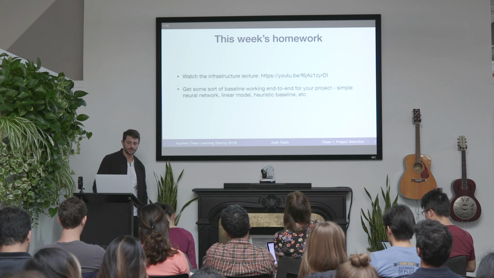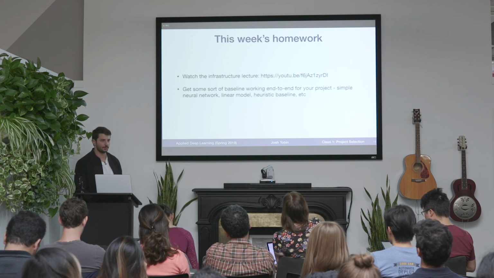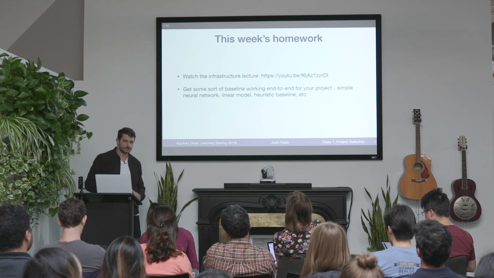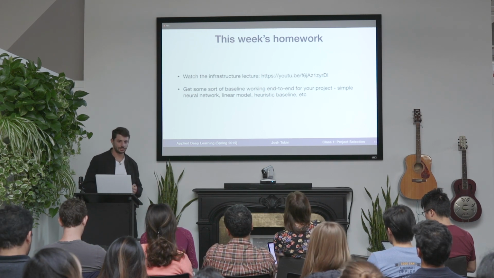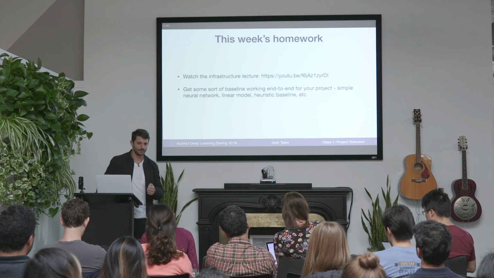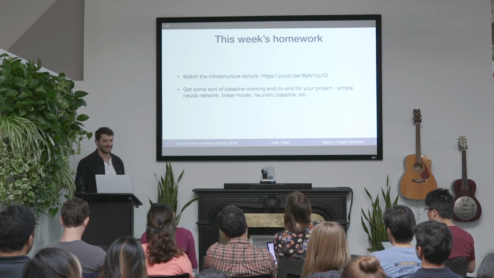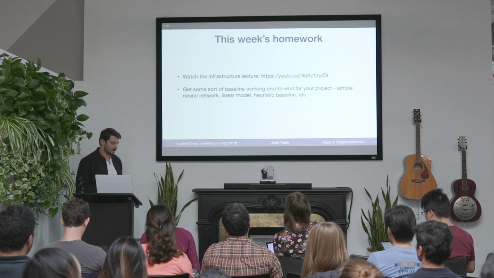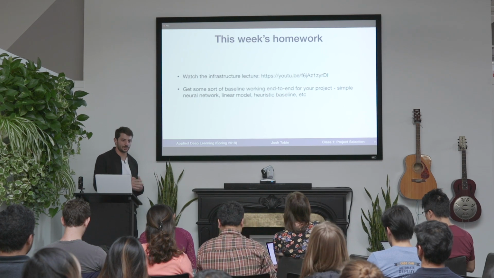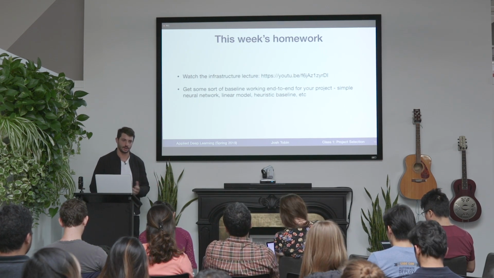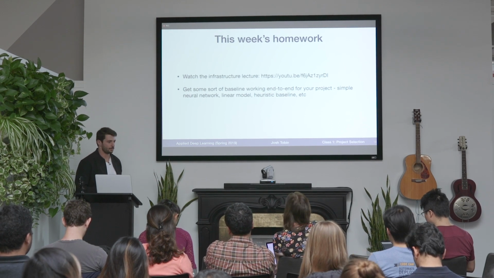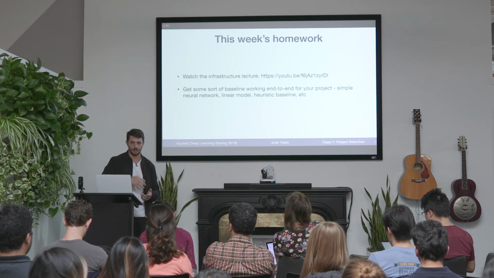And then for your project, what I'm hoping people can do is get some sort of baseline working end to end. You have your data set, or you should have had your data set. So the next step is to get some sort of evaluation of how well you can do on that data set without using anything crazy, right? For some of you, this will be a really simple neural network. For some of you, it'll be linear regression.